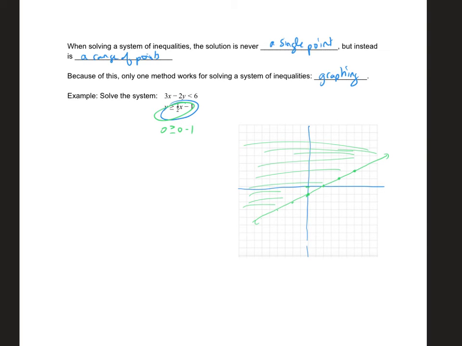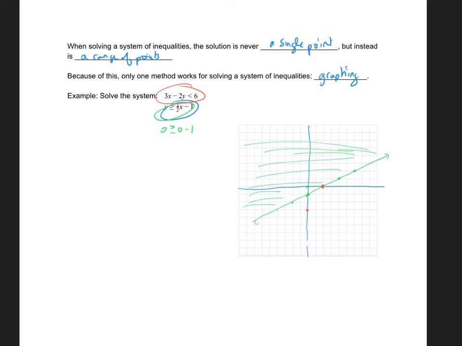And now I'm going to graph my other inequality. I could get this into slope-intercept form and then graph it, and that would be fine. I'm going to find the x-intercept and the y-intercept instead. So the x-intercept on this one, if I plug in 0 for the y, would be 2, which is here. And the y-intercept is what I get when I plug in 0 for the x, and that would be -3, which is here.